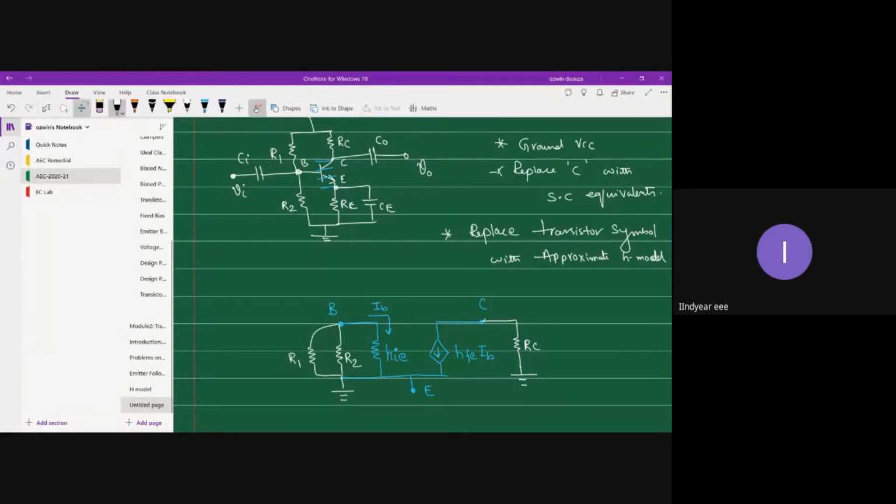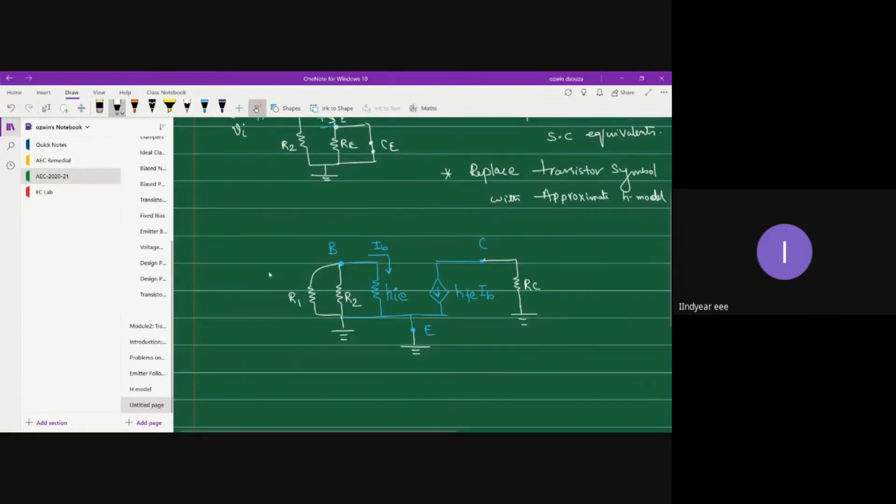Now, emitter terminal will be at ground potential. That's because when you replace capacitor with the short circuit equivalent, it short circuits resistor RE. Hence, your emitter will also be at ground potential. Okay, so that's your hybrid model.